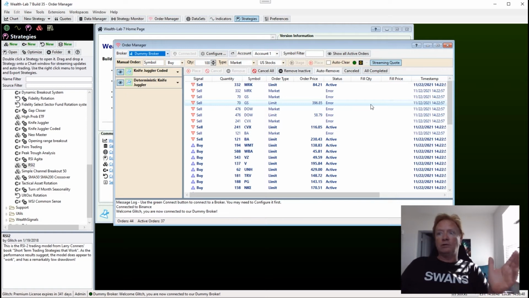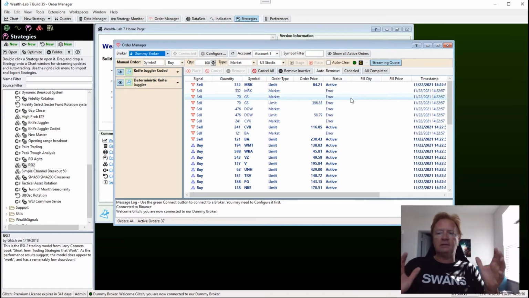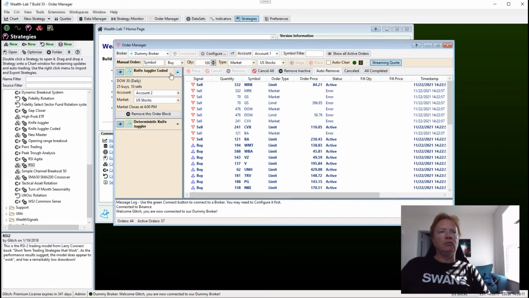And if those orders were the result of a strategy, then Wealth Lab 7 does persist some mapping between its strategies and the broker specific order IDs of the orders. And if the mapping can be restored when the orders are pulled back in, then they'll be put in the appropriate signal blocks here, as we see Knife Juggler Coded and Deterministic Knife Juggler.